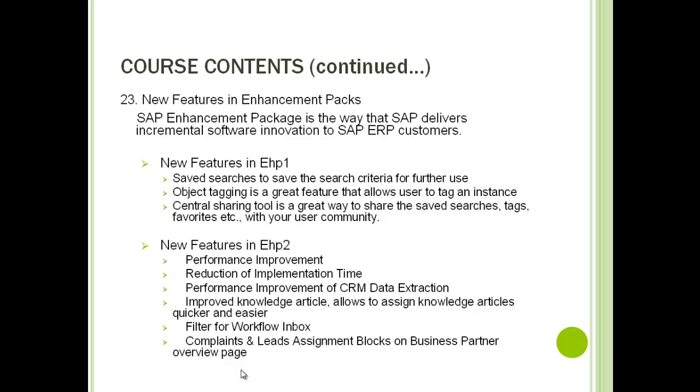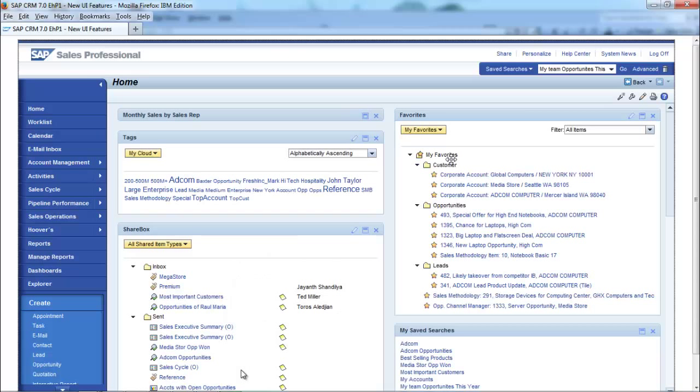It's a great way to share the saved searches, tags, favorites, etc. with your user community. So as you can see on the screen, this is my CRM Web UI homepage. We have the tags over here, we have the favorites over here, and the share box over here. Basically the tag cloud, you can see the bigger names, like adcom.